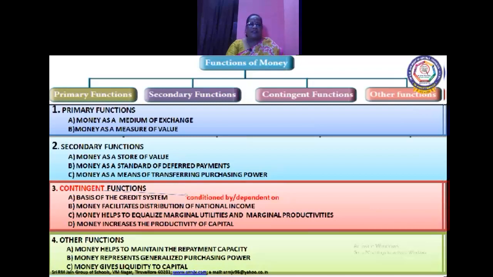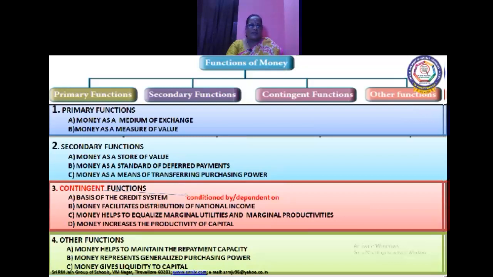Under contingent functions: basis of the credit system, money facilitates distribution of national income, money helps to equalize marginal utilities and marginal productivities, and money increases the productivity of capital.